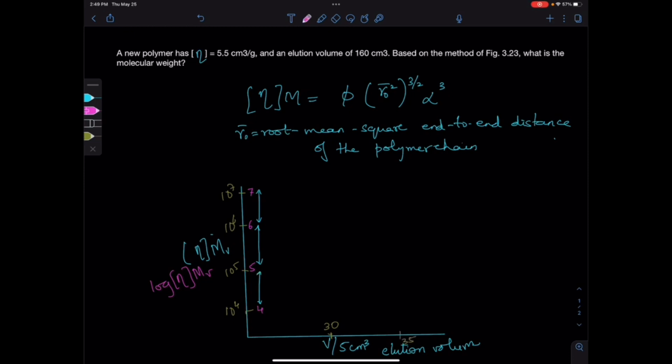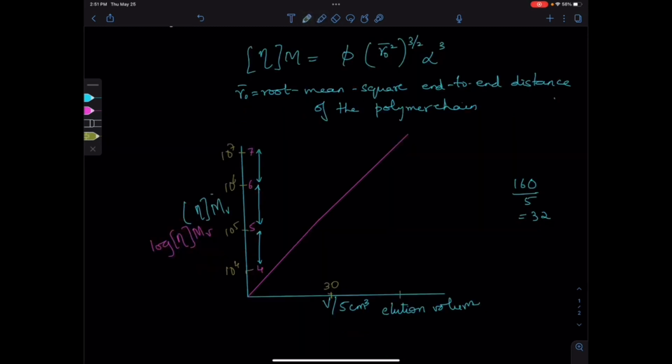So the line is like this. The eta given to us is 5.5 centimeter cube for an elution volume of 160 centimeter cube. So 160 centimeter cube would correspond to 160 divided by 5, which is 32. So we have to find the point on the y-axis that corresponds to 32 on the graph.